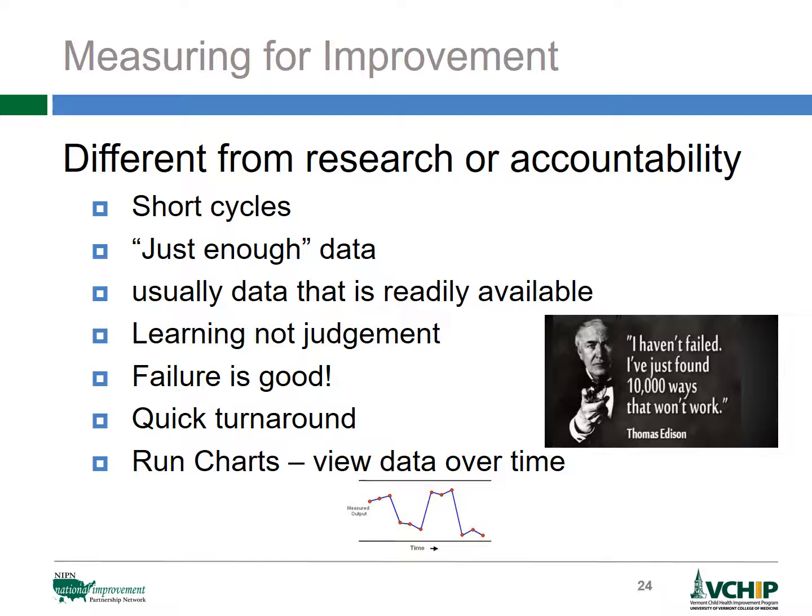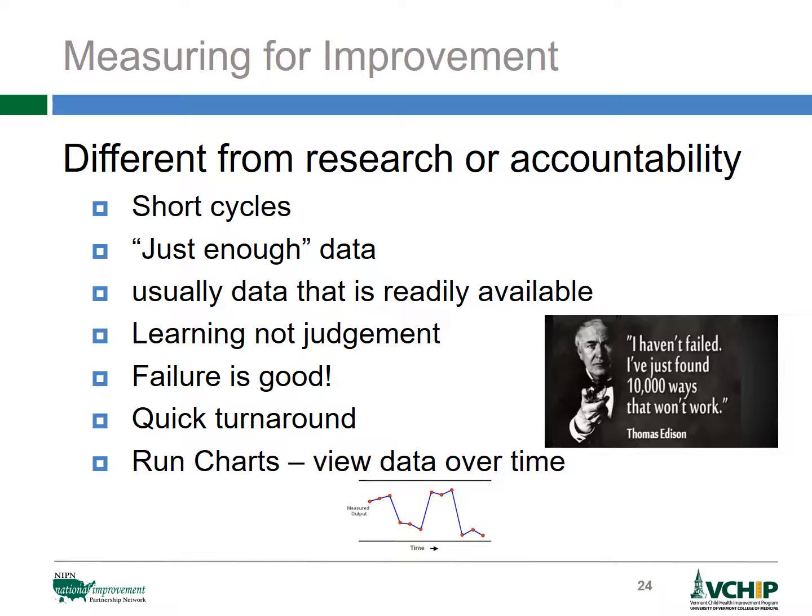We're doing really short cycles of improvement, and we want to look at just enough data to be informed by what happened in that cycle of improvement. We're usually looking at data that's readily available, so we don't want to find something that's very difficult to obtain. So for a practice, it might be looking at data that's in their EMR or perhaps in their immunization registry.